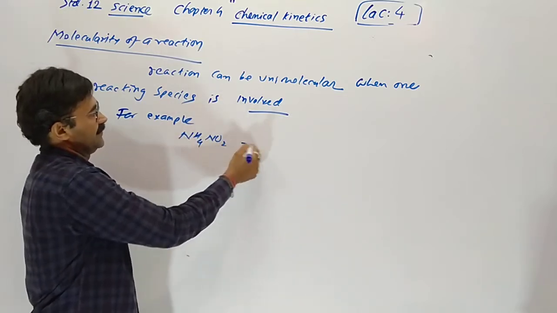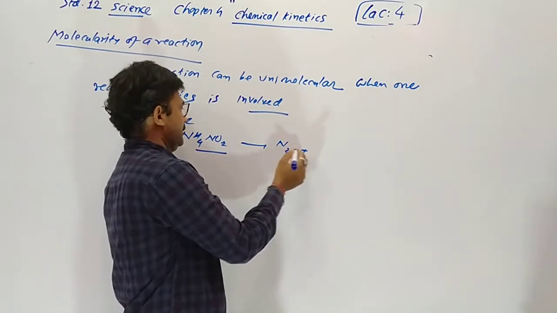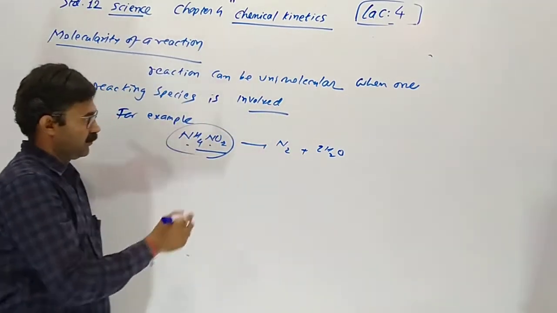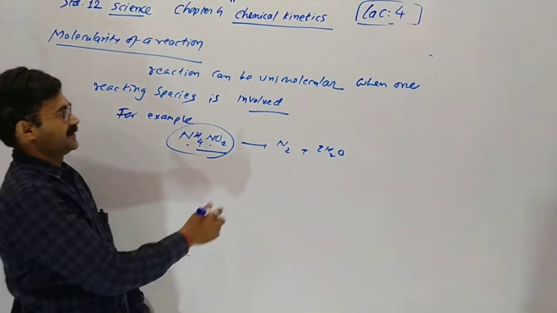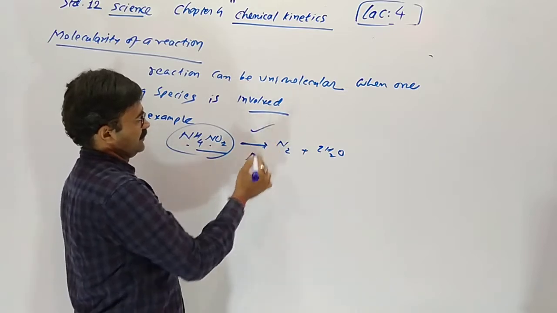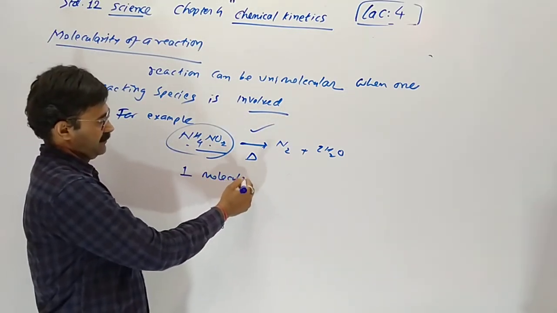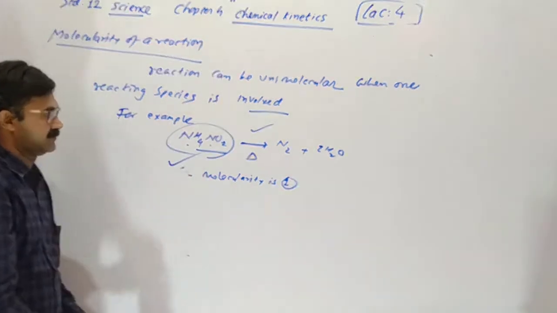decomposition of ammonium nitrite gives N2 gas and 2 moles of water. Here only one molecule is involved in the reaction, and this reaction occurs in one step, so it is elementary. So molecularity is 1 for this reaction.